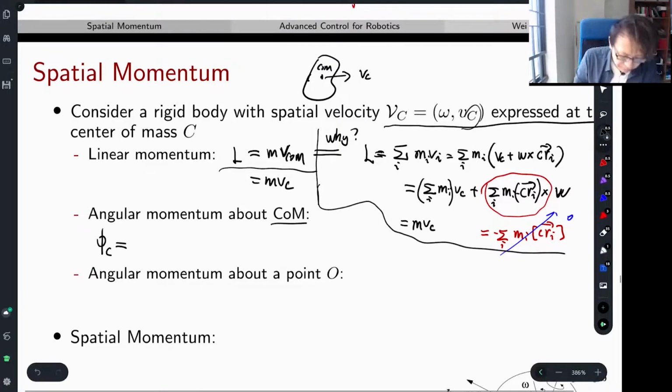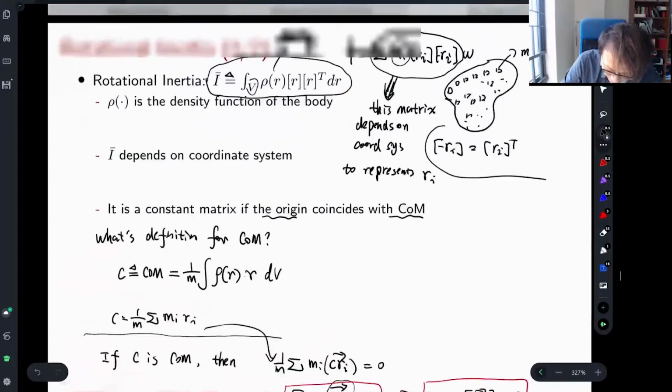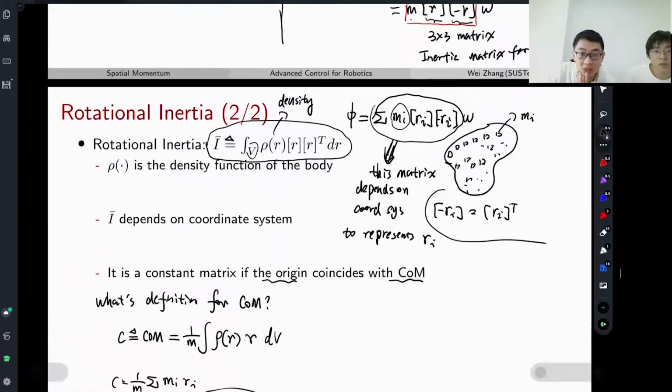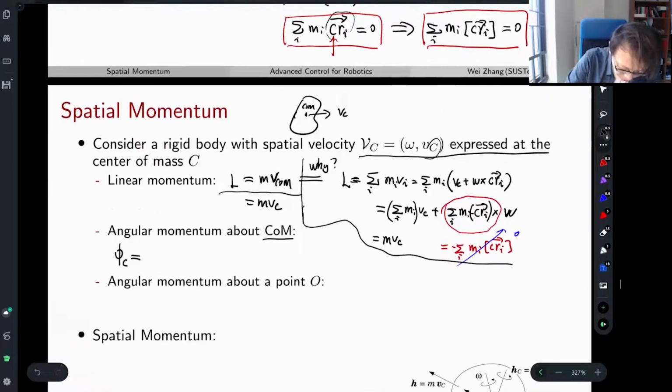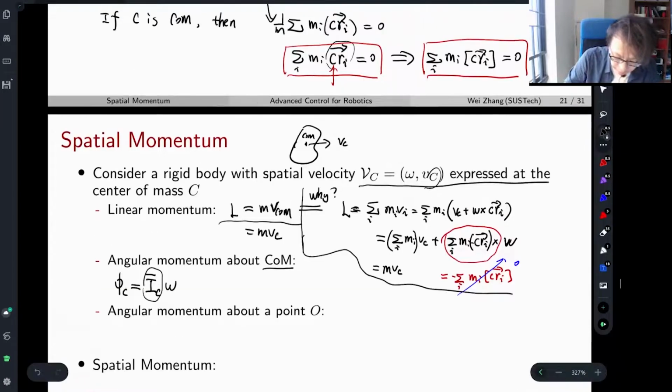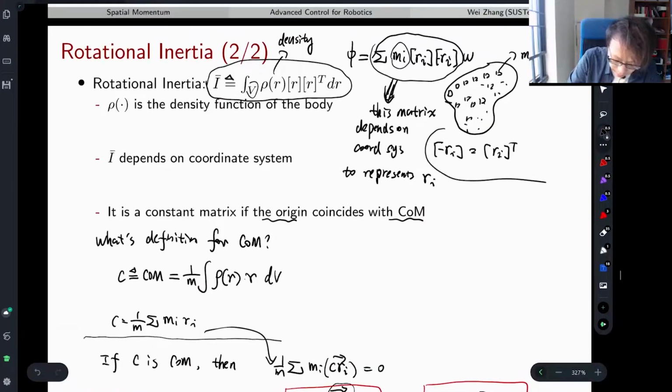We derived this already, right? So now I can say it is equal to I-bar about the center of mass times omega, and this guy was defined as this, I-bar about the center of mass.